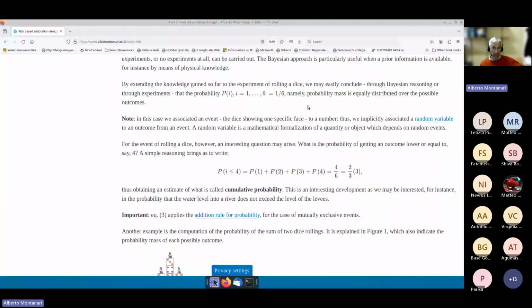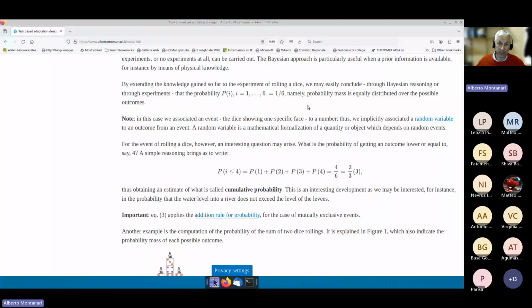So in case of rolling a dice, if we are interested in the probability of getting a 1, then we make a series of experiments, and then we count the number of times the outcome of one occurred. And then we estimate the frequency, because once we counted the number of times an event occurred, it's easy to estimate the frequency. Good.